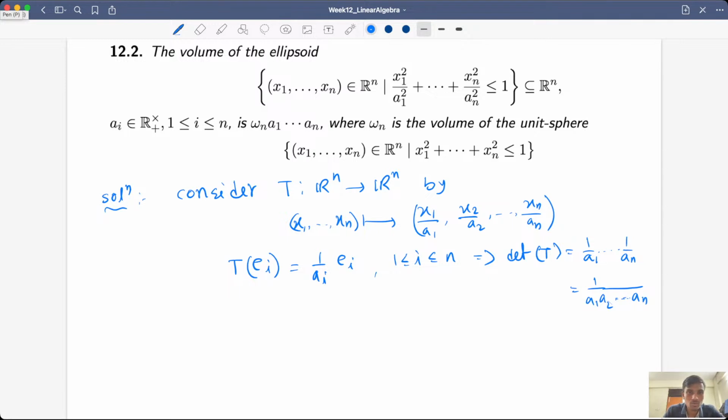So suppose this ellipsoid is, let's say, E, and this sphere is M. By this transformation, I might think E is just T of M, right? Because T of M would be T of x1, x2, xn such that x1 squared plus x2 squared plus up to xn squared is less than or equal to 1.